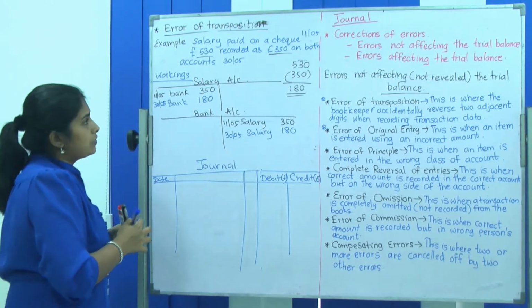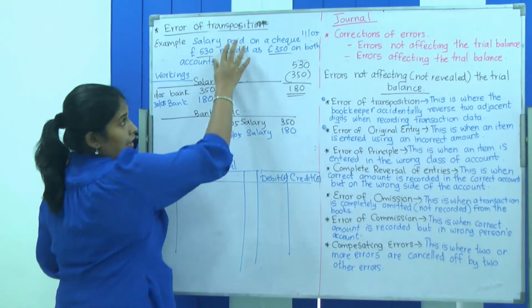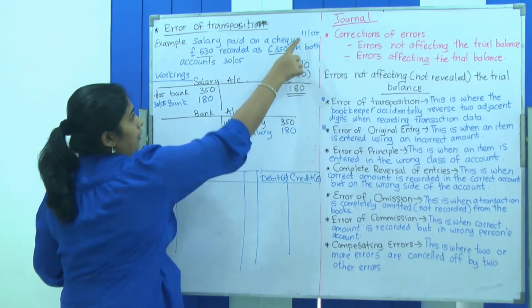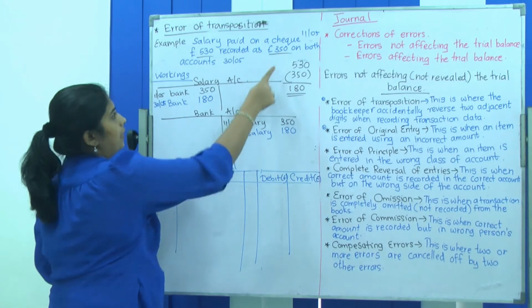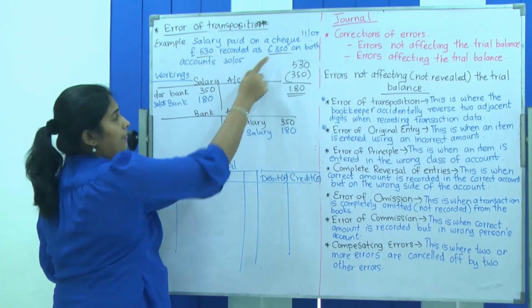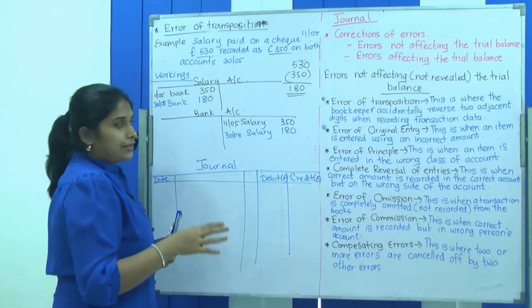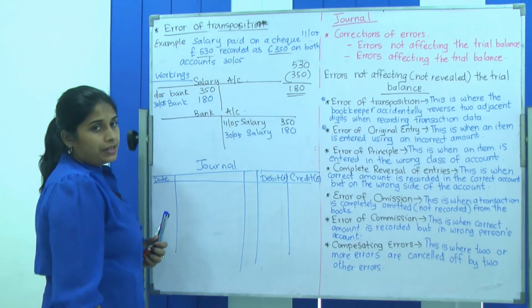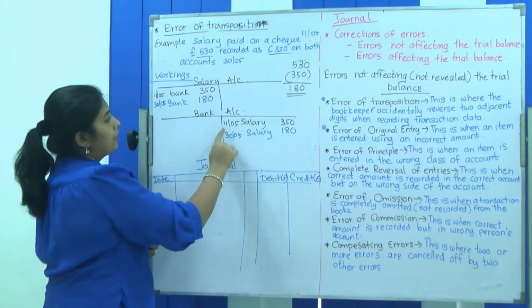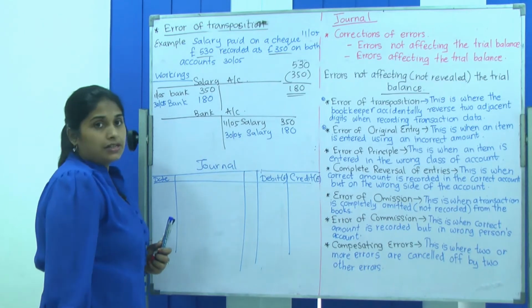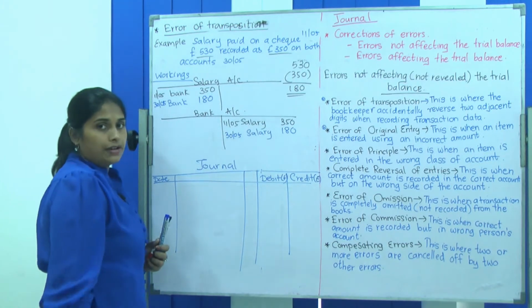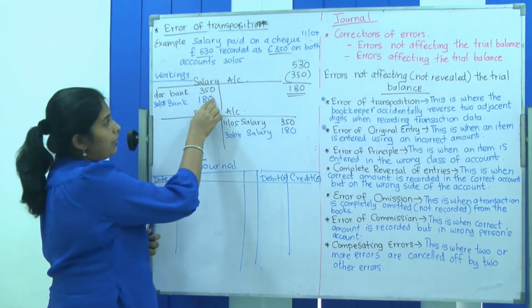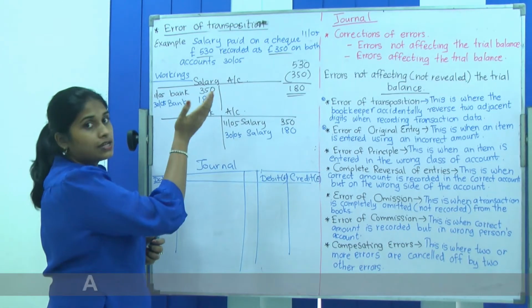So according to these transactions, what has happened? Salary was paid by check on 11th of May, 530, but accidentally the bookkeeper recorded it as 350. Normally when you pay the salary, salary will be debited 350 and bank credited 350. The actual amount is 530, so you have to increase 350 into 530.